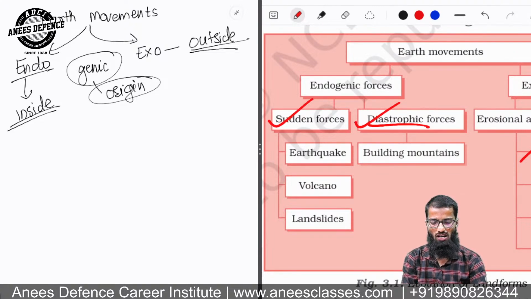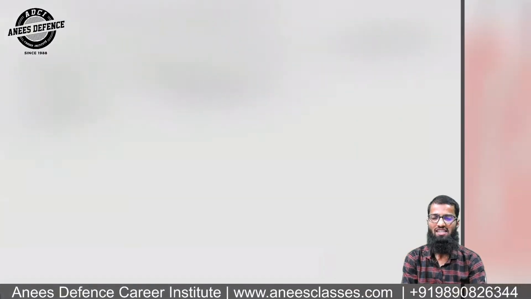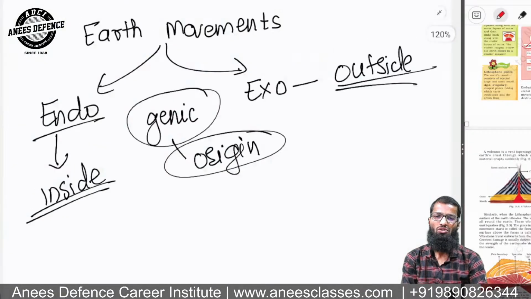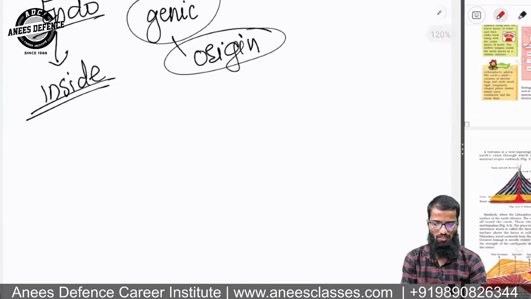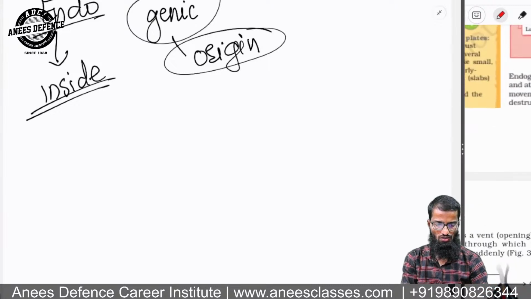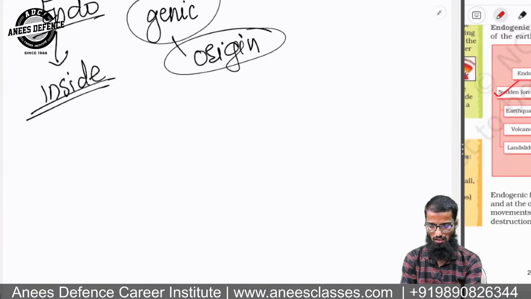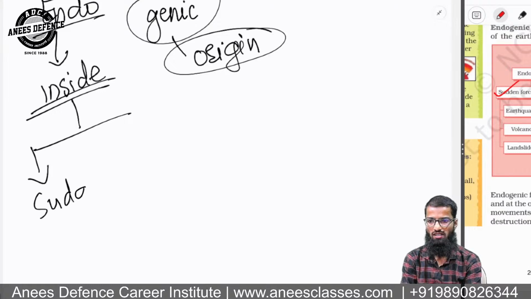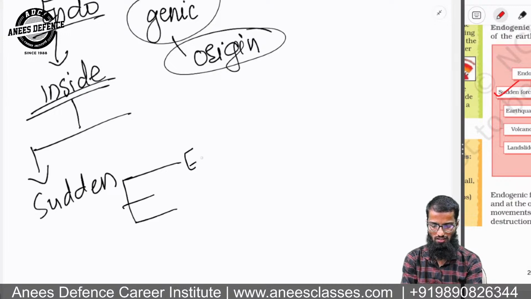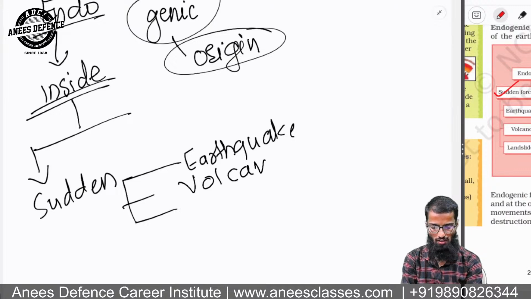Now, endogenic forces happen inside the earth crust. For the sudden movements or sudden forces, an example is the earthquake. Then you have volcano, and then you have landslides.